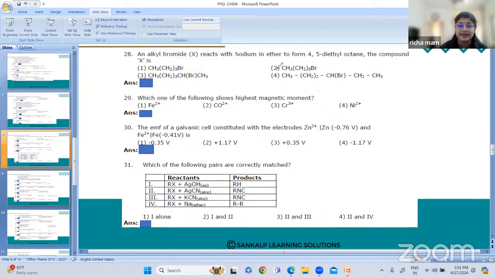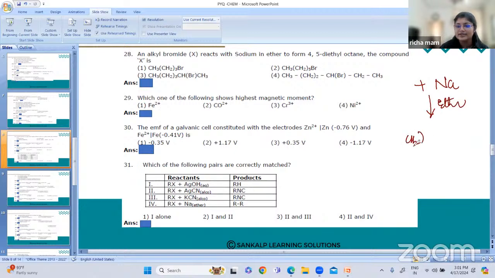The compound X is? Yes, students, you can use the chat box for answering. So it will react with sodium in dry ether, and it forms 4,5-diethyl octane.